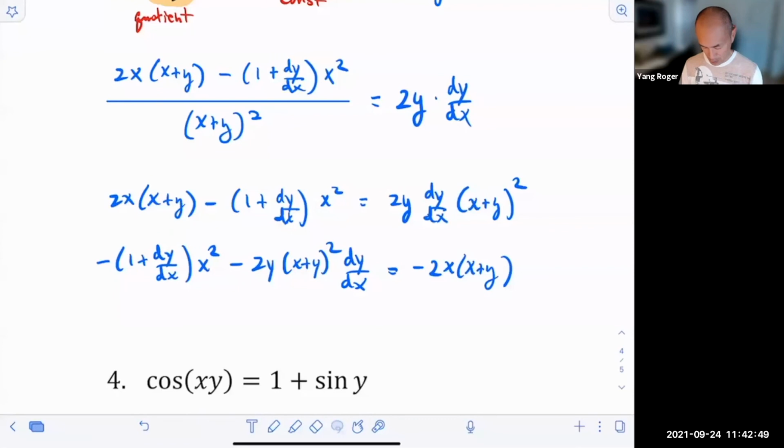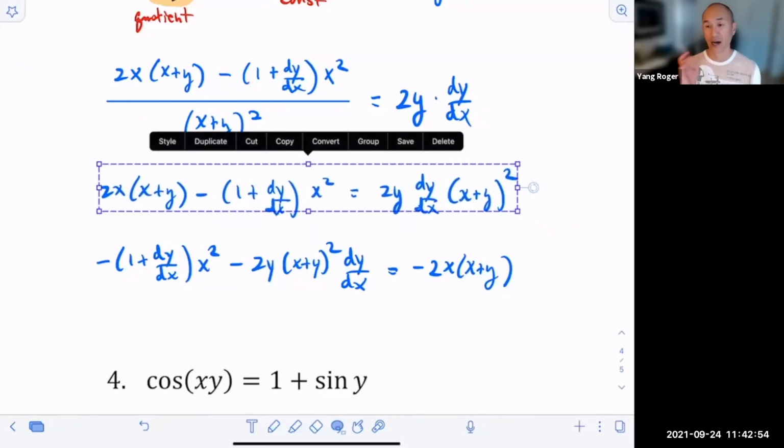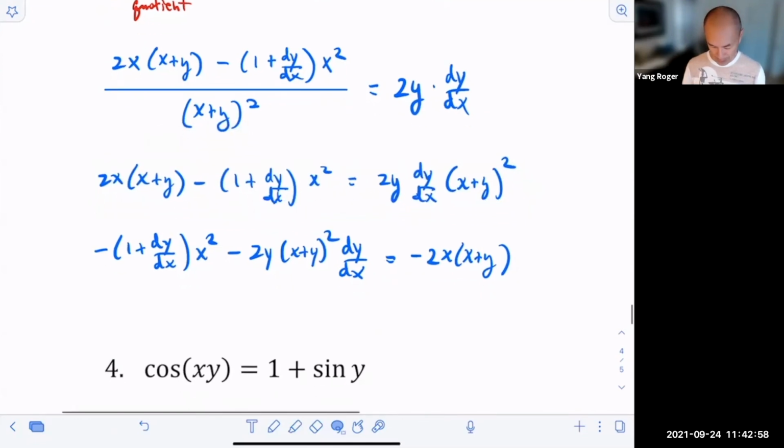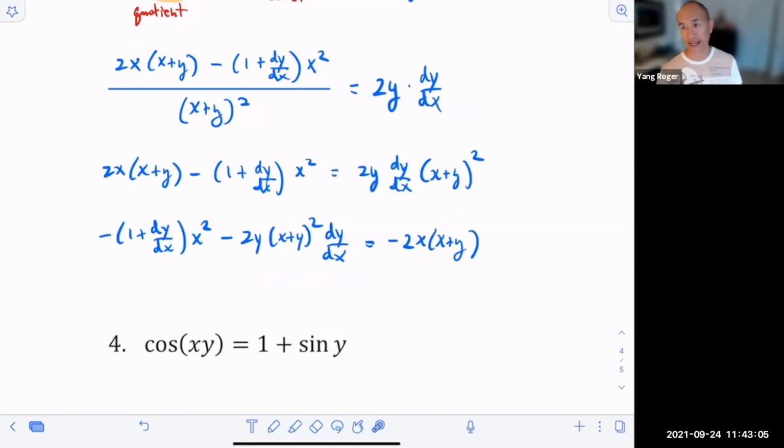Is there any questions so far as to what's happening here? I'm just trying to get all my dy dx's on the left. Now, when I look at my left-hand side, this guy right here is fine. We have dy dx times something. When I look at this side right here, the dy dx is buried inside some parentheses.